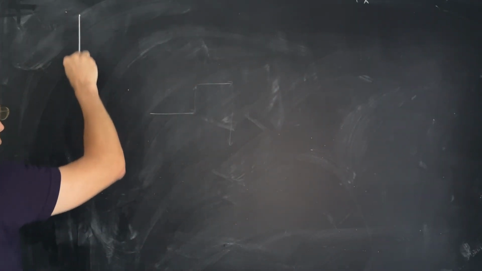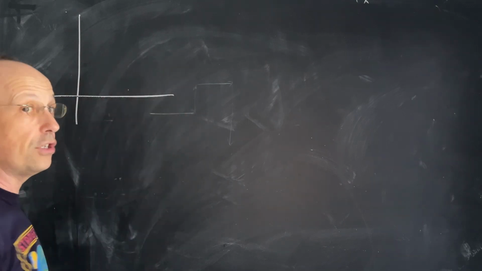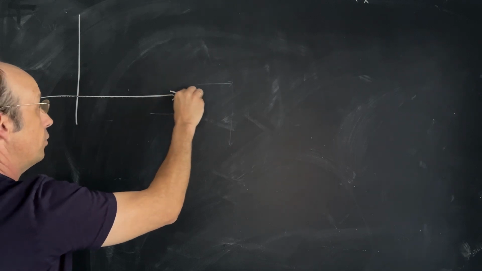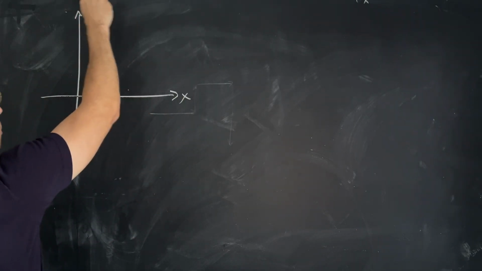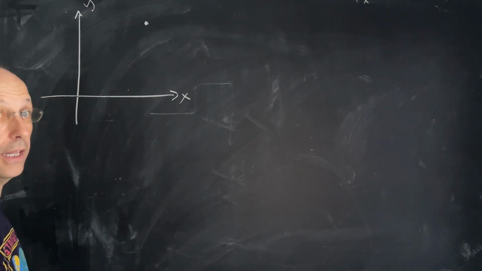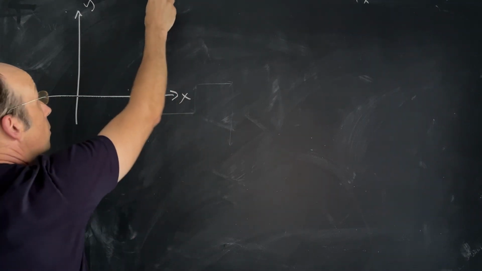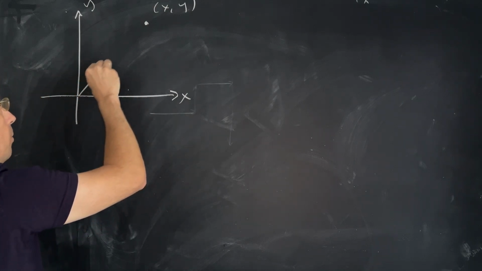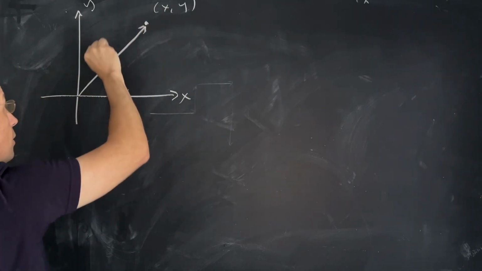So if I go to actual positions, that was generic vector stuff. It could have been used for any kind of vector. But let's start off with actual real positions. Suppose I have an object right here with an x and y value. I can define that with what we call a position vector from the origin to that location.